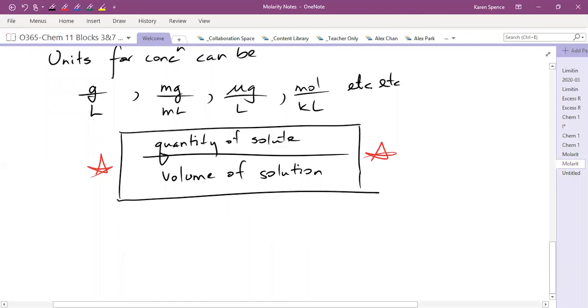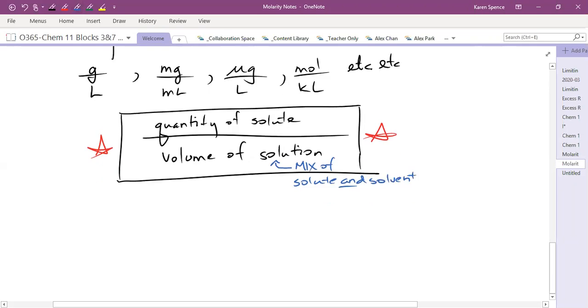Now, you have to be careful because concentration is always the amount of solute per volume of solution, and a solution is a mixture of the solute and the solvent.